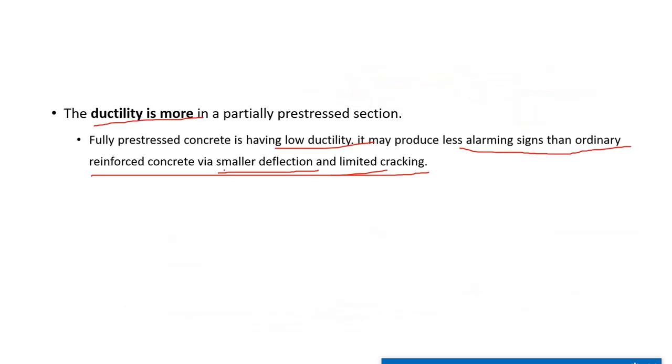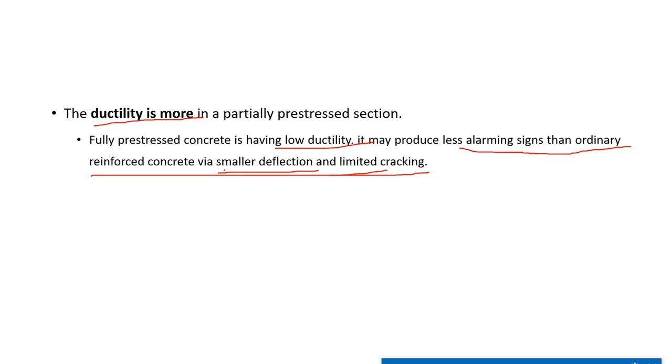The next advantage is that ductility is more in the case of a partially prestressed section. If you consider fully prestressed concrete, which has very low ductility, it will give less warning time because very small deflection will be there and limited cracking will be there. The cracks may not be visible, it will not crack, and the failure is brittle.